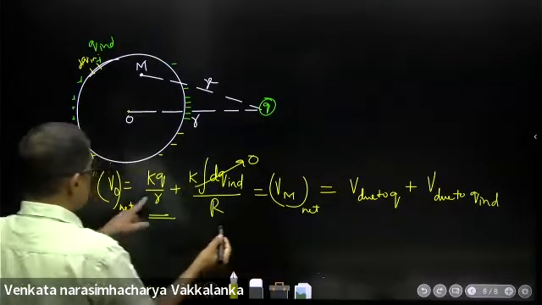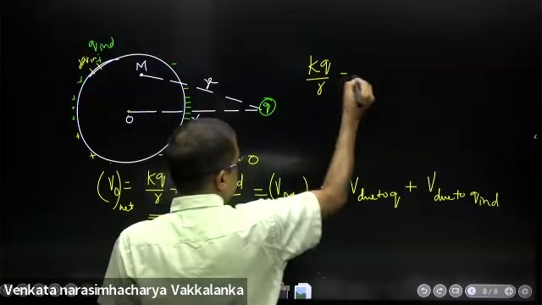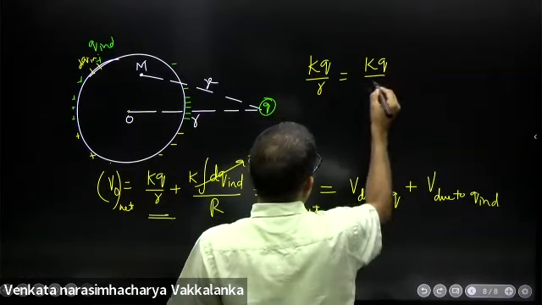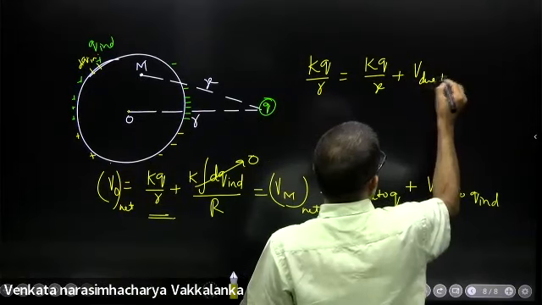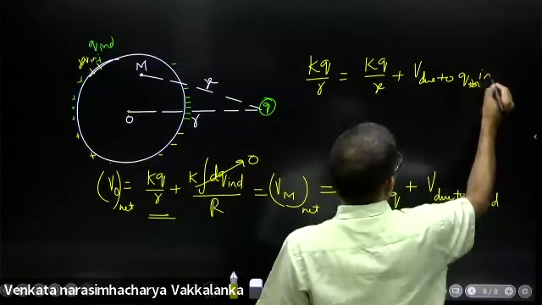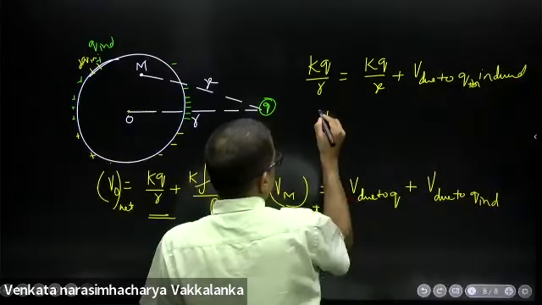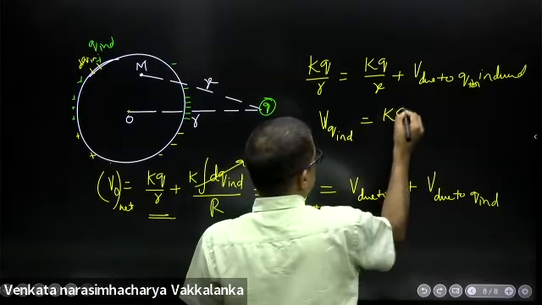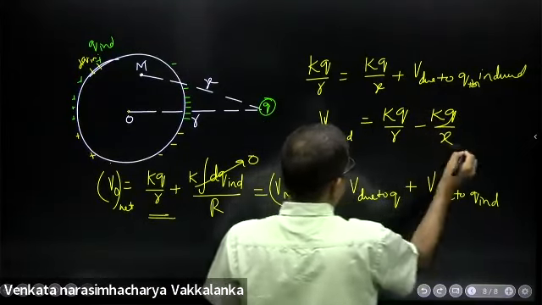Now you know potential at M is KQ by R. Potential due to Q at that point is KQ by X plus potential due to Q induced. Take this to the left. Potential due to Q induced will be KQ by R minus KQ by X.